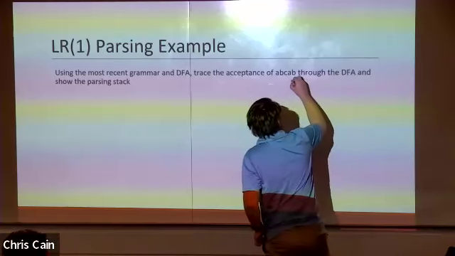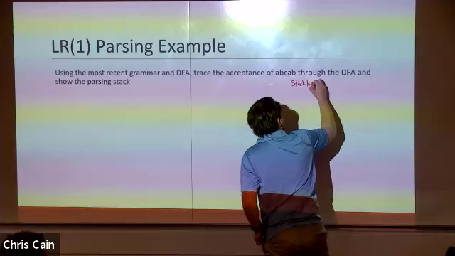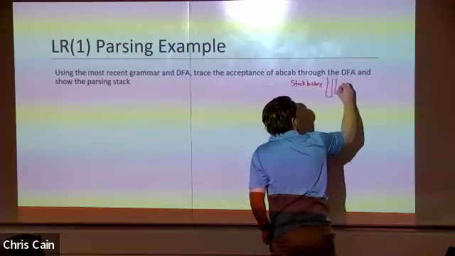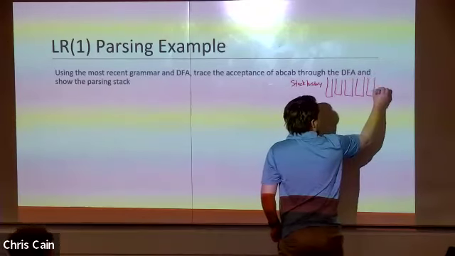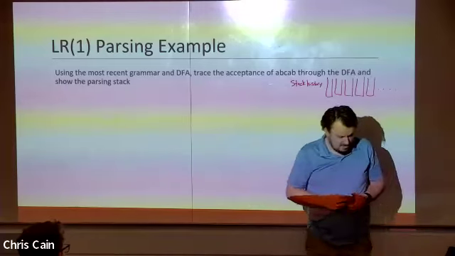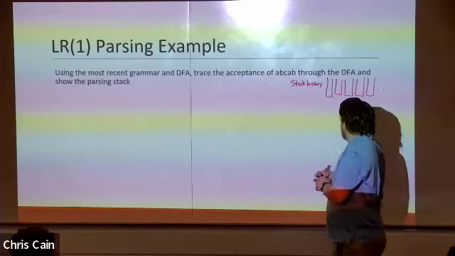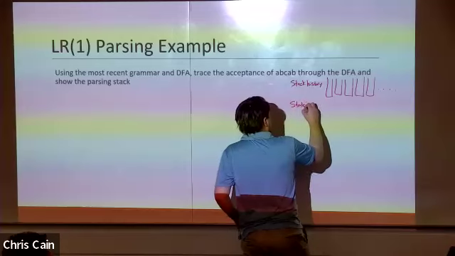We need a stack history. So this is just going to be stack, stack, stack, stack, stack, as you show the history of what's on the stack over time. Then you also want the current state in the DFA.